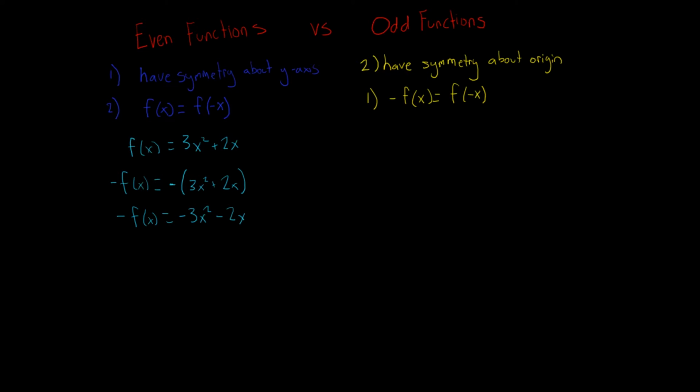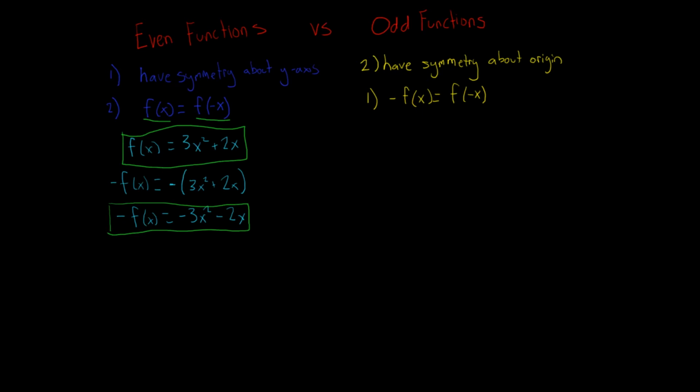We already do know. Hold on, let me get a different color. This right here is negative f of x, and this is f of x. For it to be an even function, f of x must be the same as f of negative x.